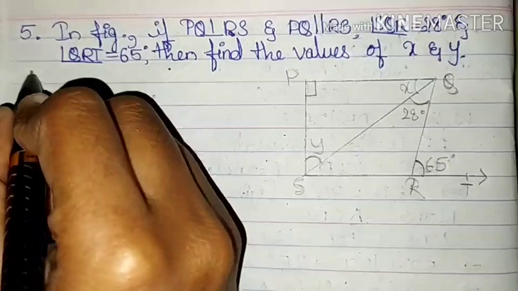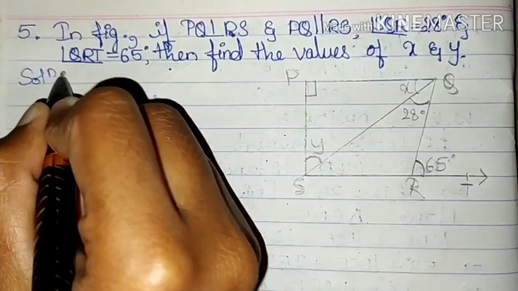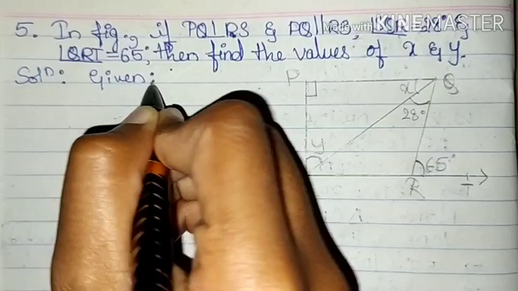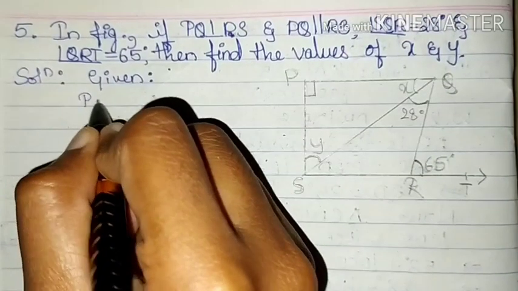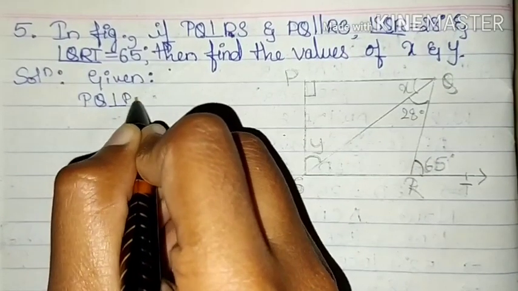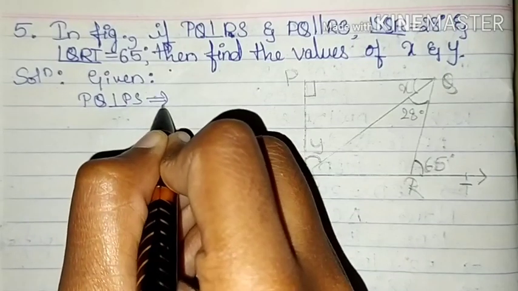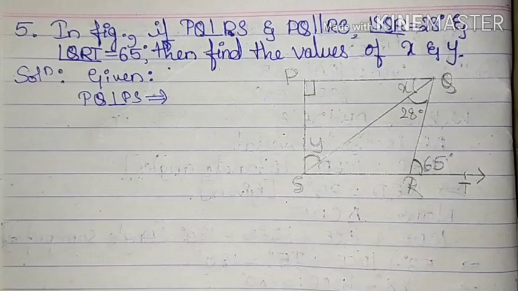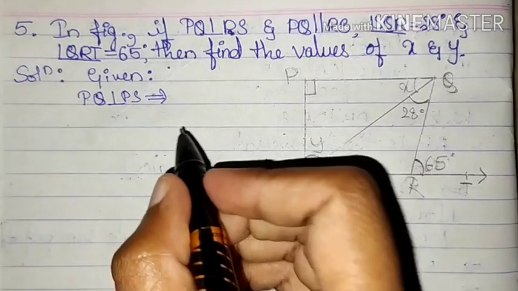So before going to the solution, let us write down the given. PQ is perpendicular to PS. This implies, whenever they say perpendicular, the angle formed at the junction or the vertex will be equal to 90 degrees.